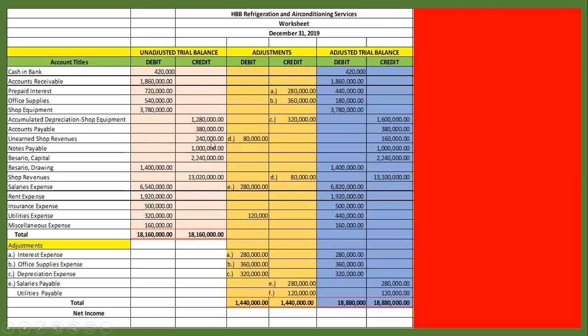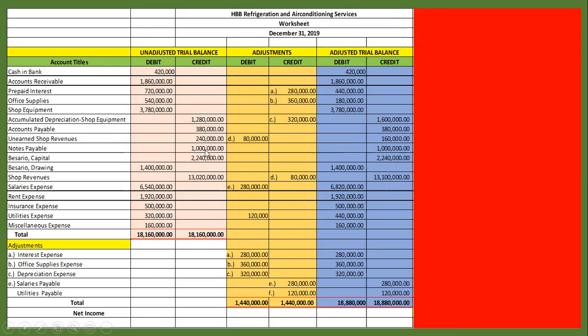Then for unearned shop revenue, we have an opposite posting. In the unadjusted trial balance, it's a credit of 240, and in the adjustment column is a debit of 80,000. So you just get the difference and post on the credit side since it has the higher amount, 160. Post it on the adjusted trial balance credit.